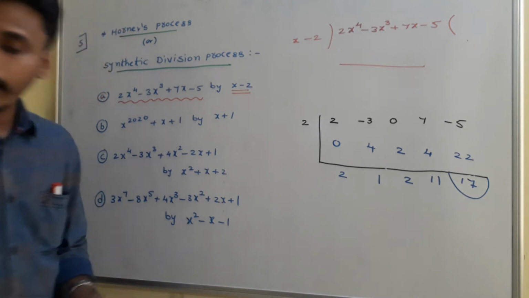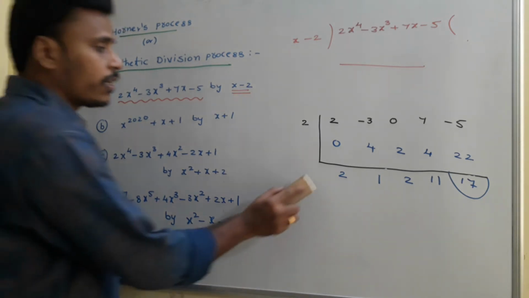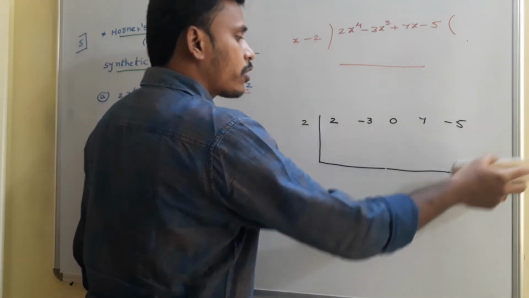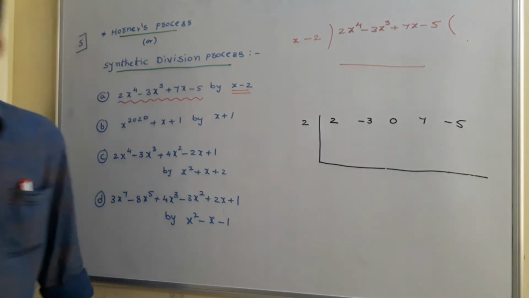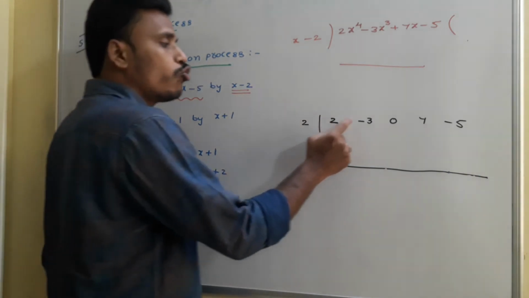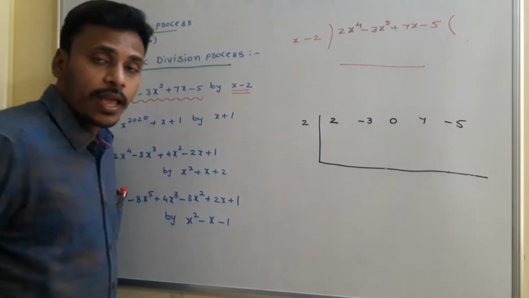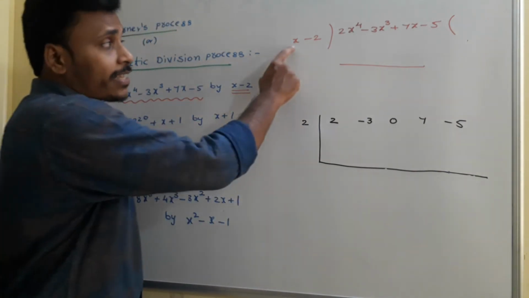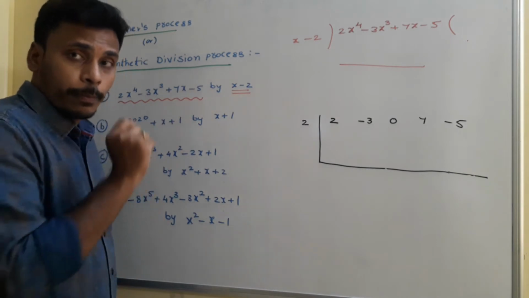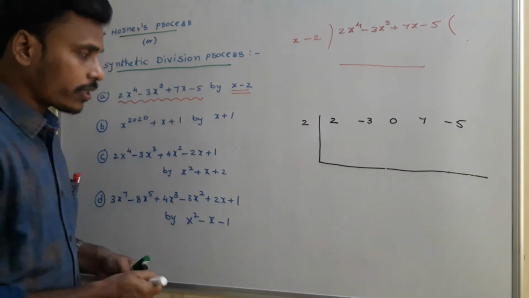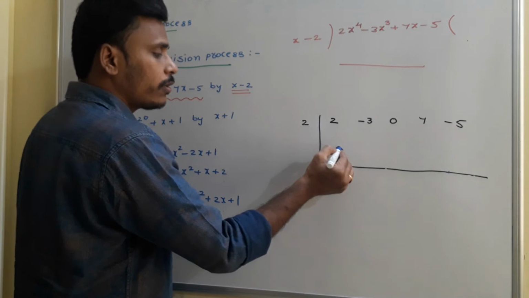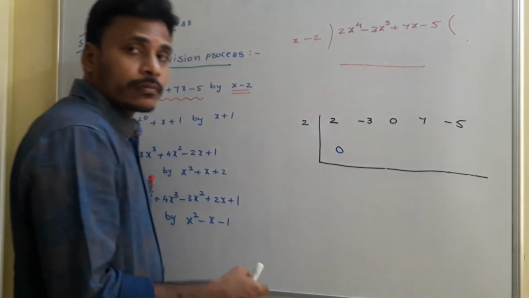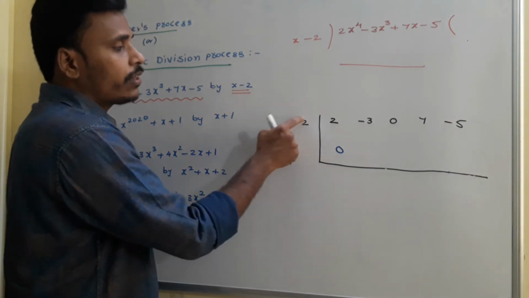Once again I explain the process of synthetic division. First, list out the coefficients in decreasing order of their powers: 2, minus 3, 0, 7, minus 5. Since x minus 2 is the divisor, take 2. As a process, first write 0 here, and every time add column wise, and every time multiply the number with the 2 right here.